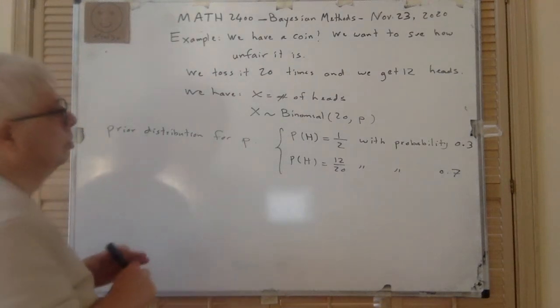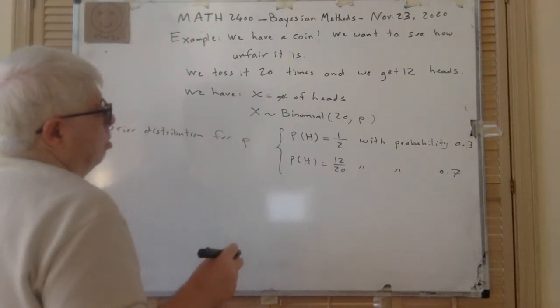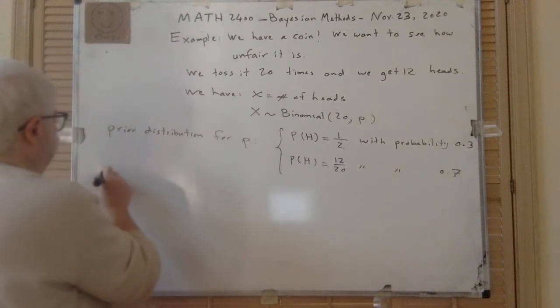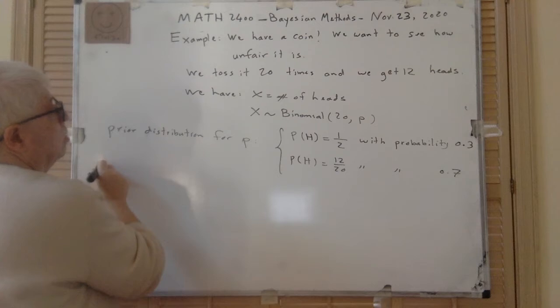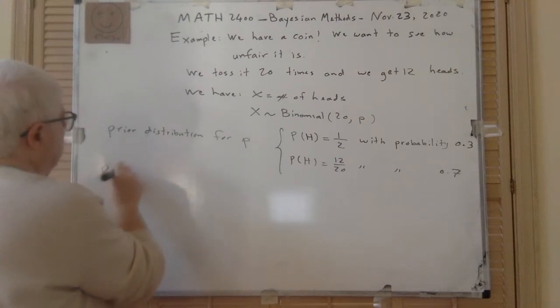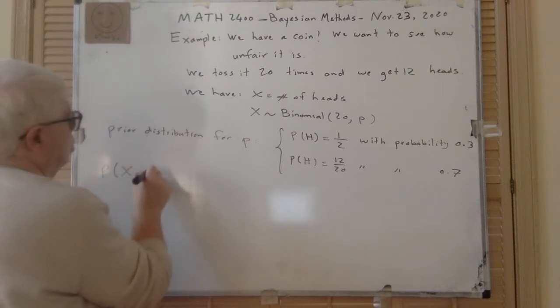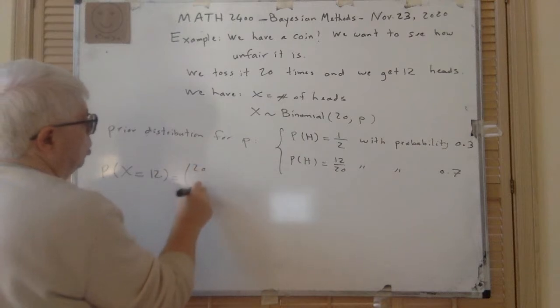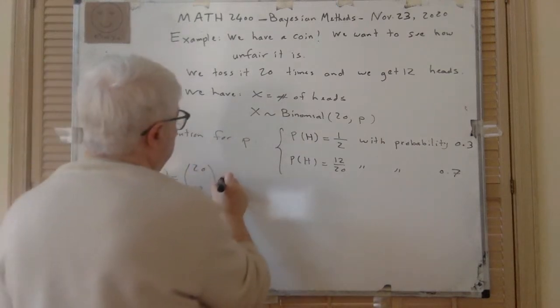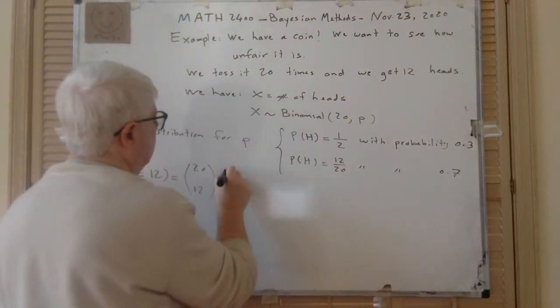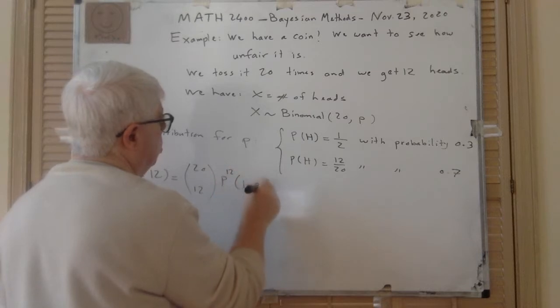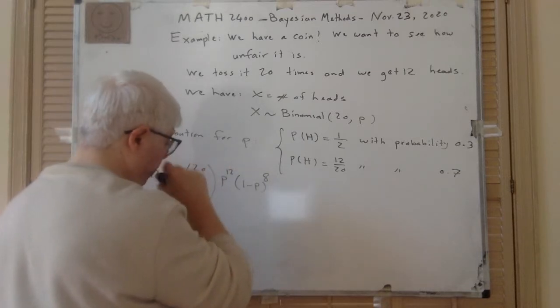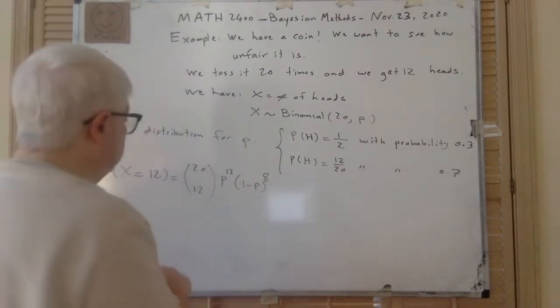So let's see, we have P of x is 12. That is, we have 20 choose 12, p to power 12, 1 minus p to power 8.